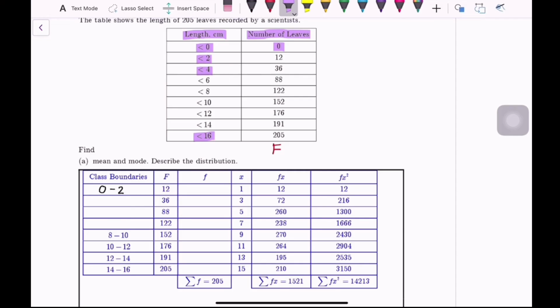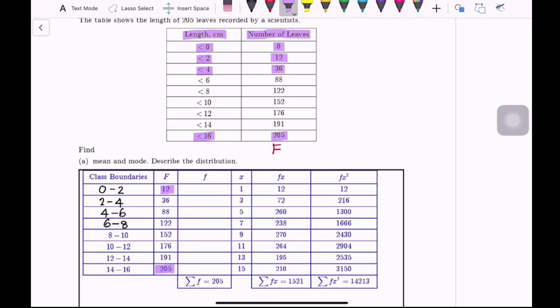The cumulative frequency is 12. For the next classes, 2 to 4, 4 to 6, and 6 to 8. And then we copy all of the cumulative frequency from 12 to 205.